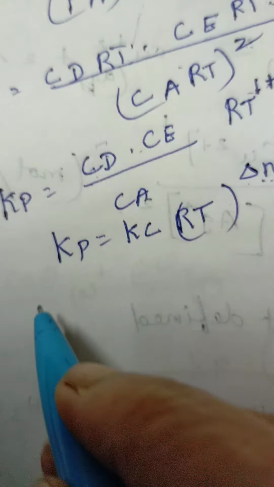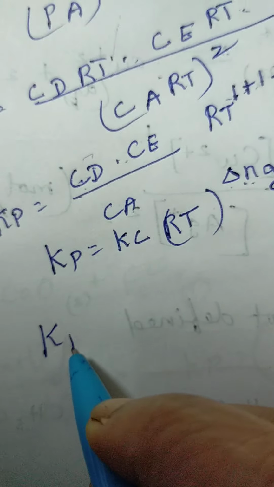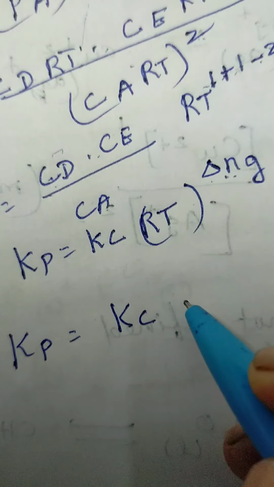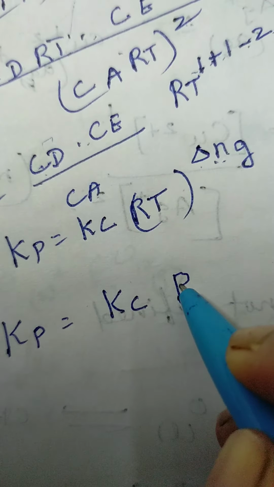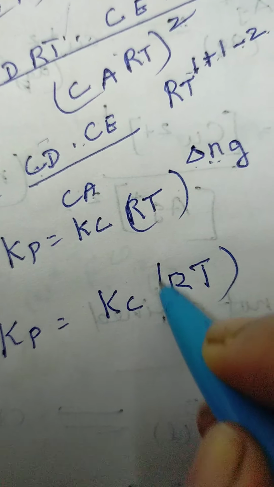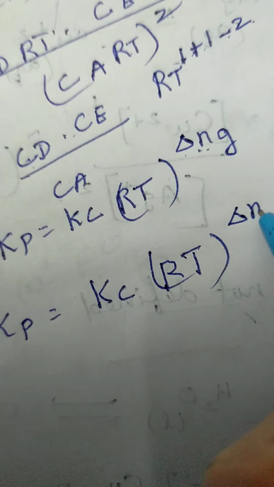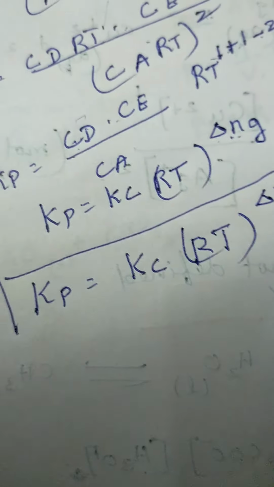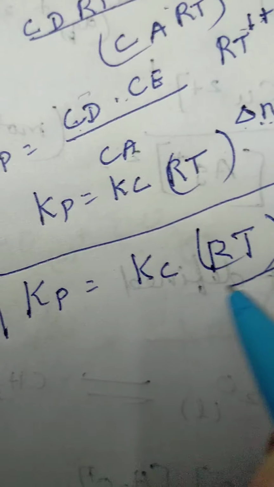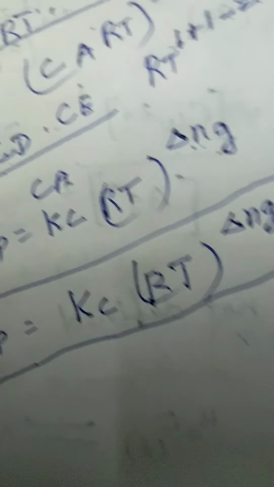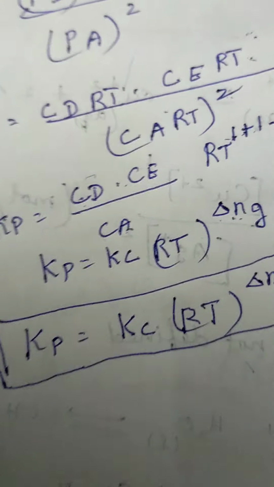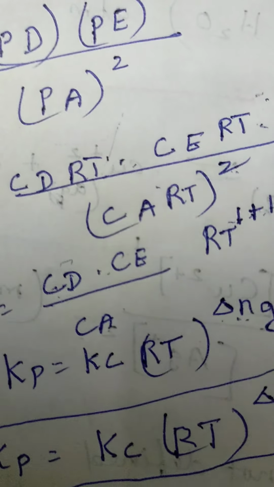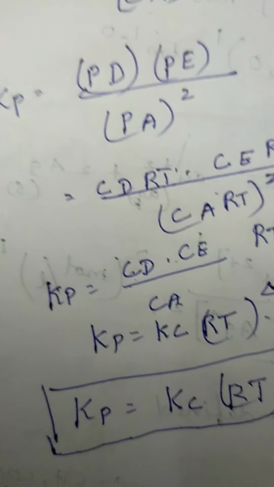So this is the relation between Kp and Kc: Kp is equal to Kc into RT to the power delta Ng. With all these derivations, we can apply this in problems and solve them. So you can write this one in the classwork.